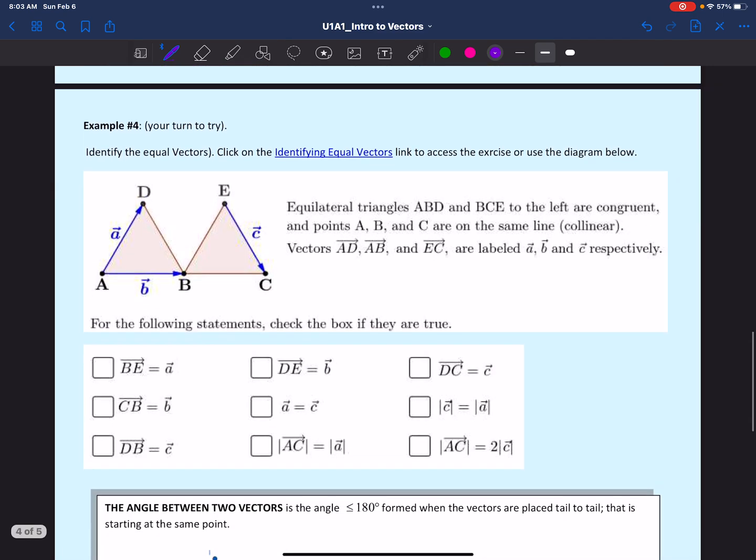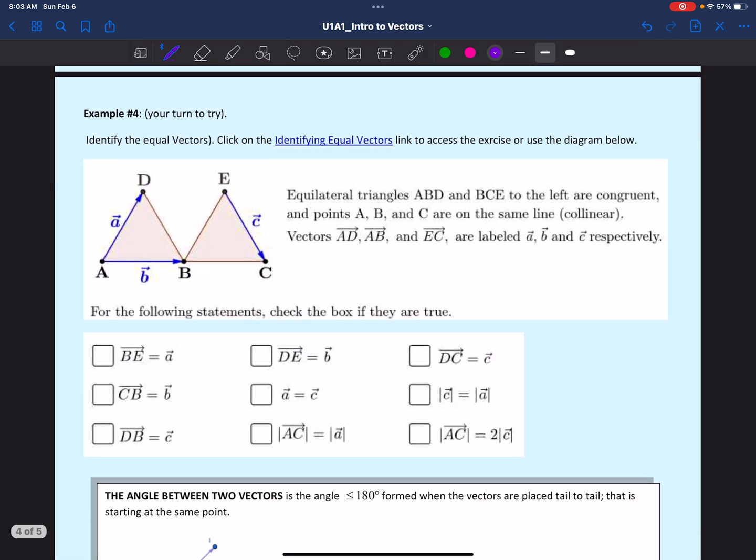Now, in the next exercise, we will identify whether the following statements are true or not. Since we're given two equilateral triangles, ABD and EBC, equilateral means that all sides are equal, so the magnitudes of each side are the same.